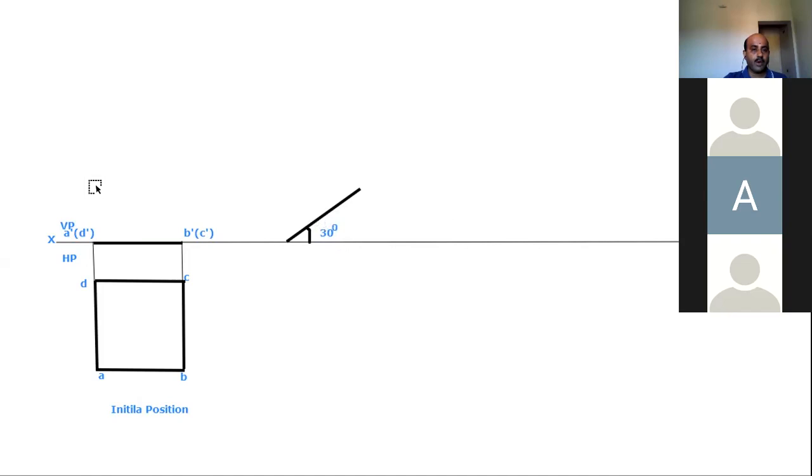Now the points you have to get are A dash and B dash, still over the line, and here you get B dash and C dash.